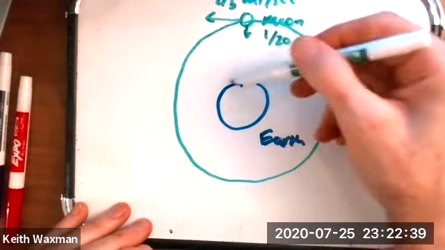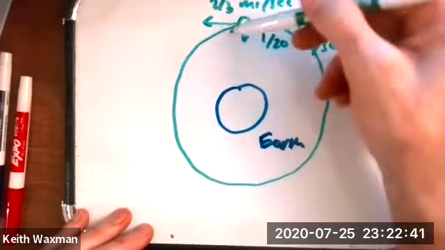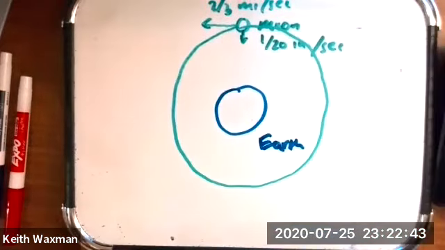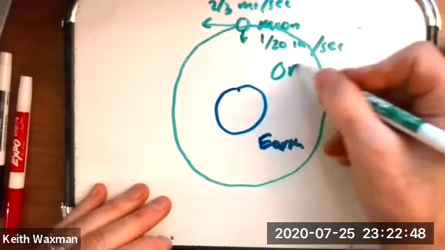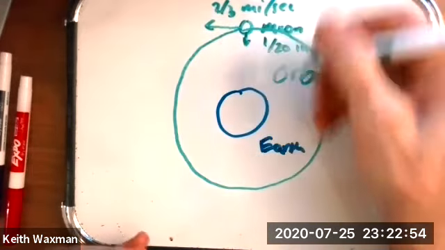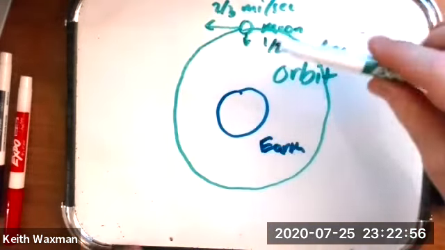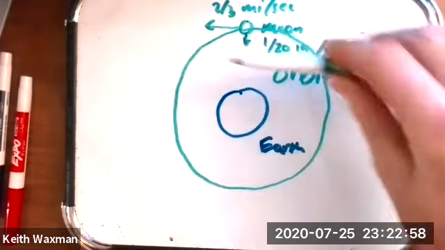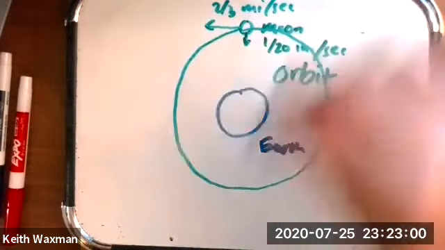The Earth's curvature is the same as this path of the moon. It never gets to the Earth. What do we call this? That's an orbit. An orbit is a fall around something. There's only one force. It's actually gravity. Gravity is making it fall, but because of this tangential velocity to the side, it's going in orbit.